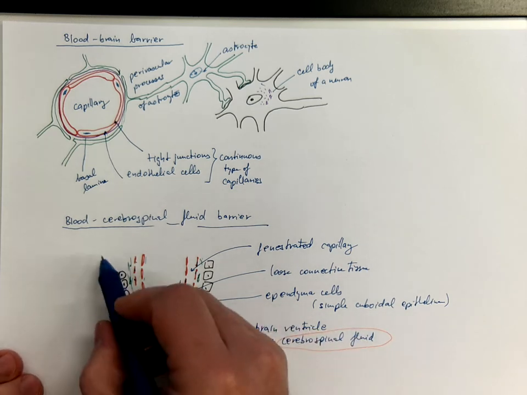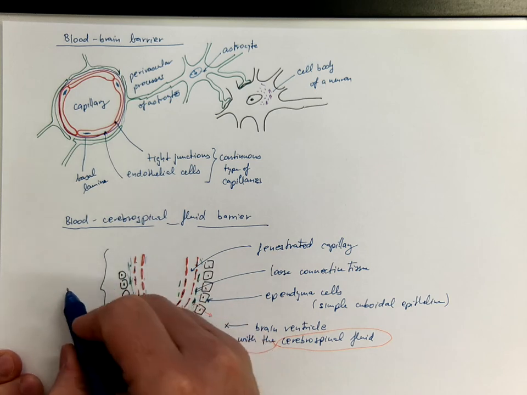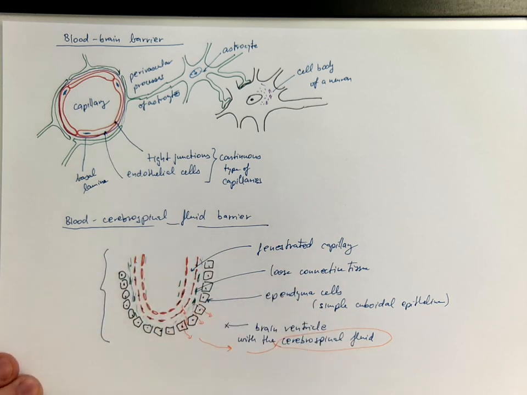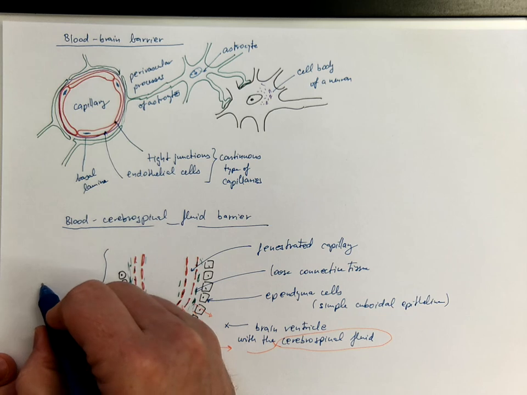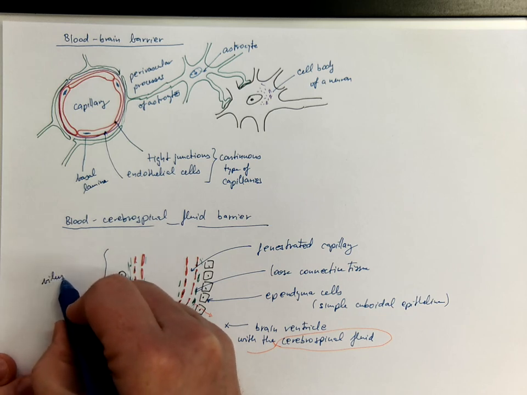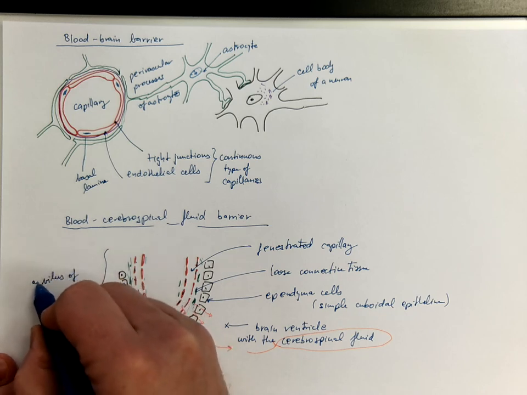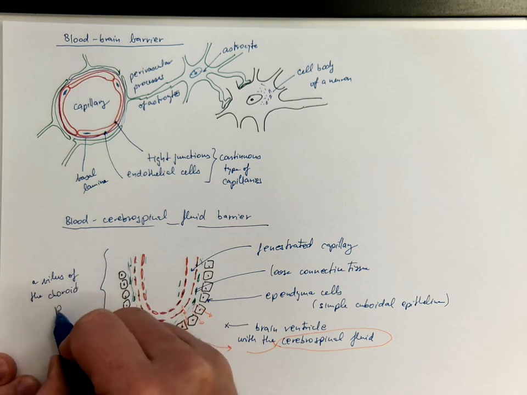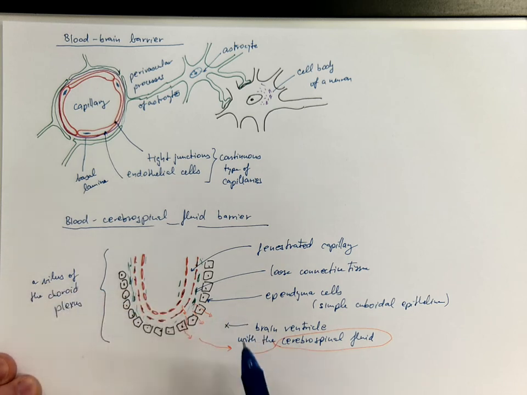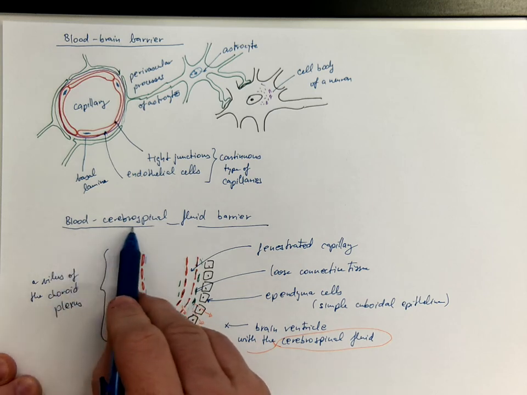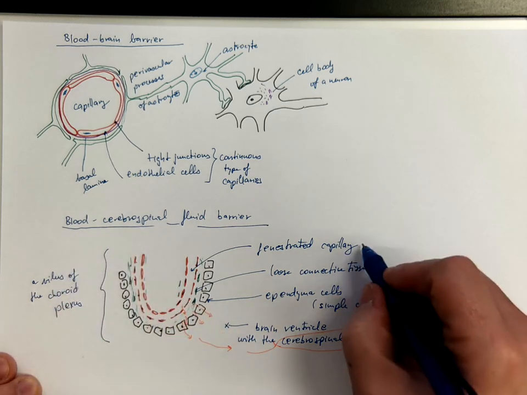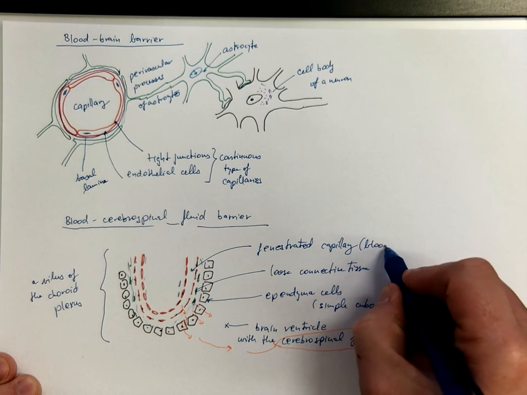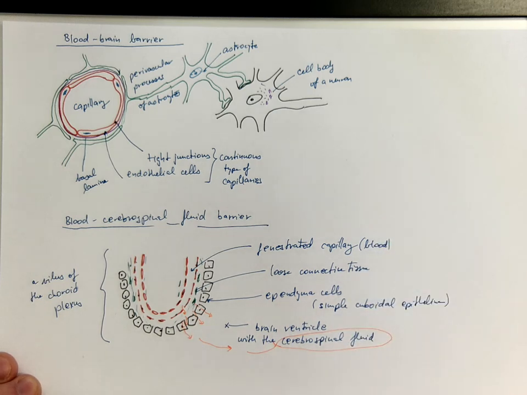So this is actually a scheme of one of the villi of the choroid plexus. And these are the layers of the blood-cerebrospinal fluid barrier, because here we have the blood and here the cerebrospinal fluid.